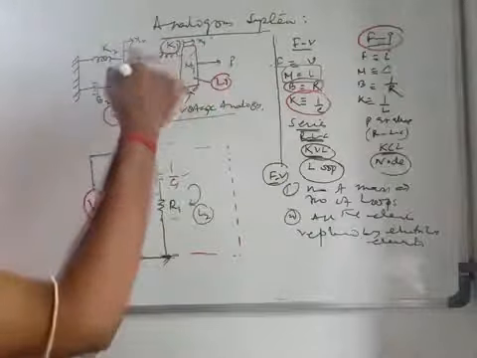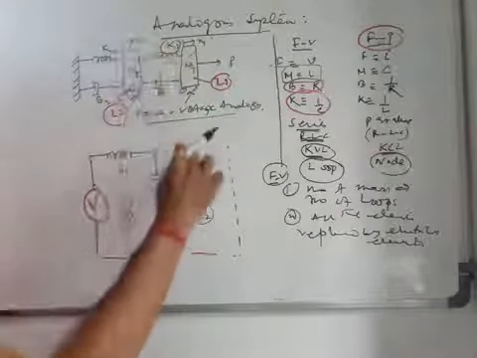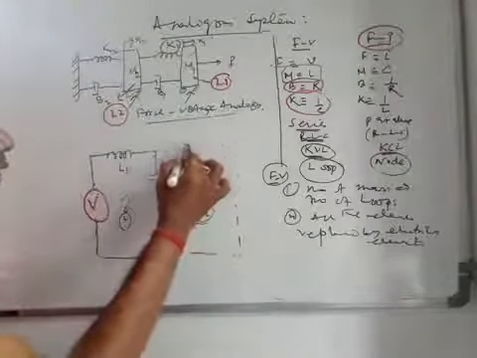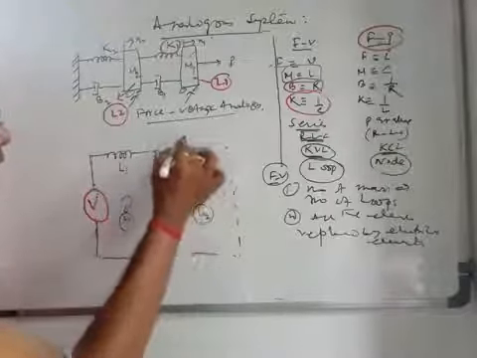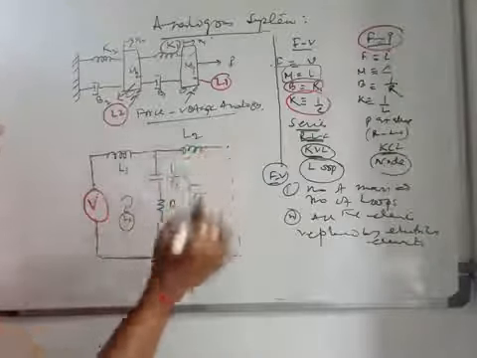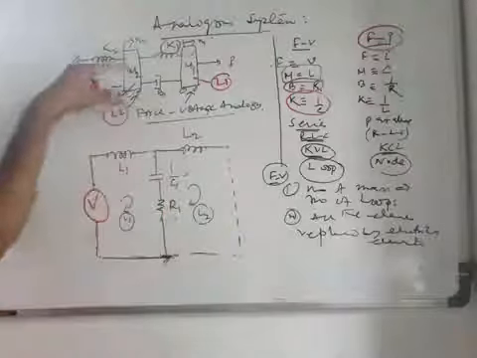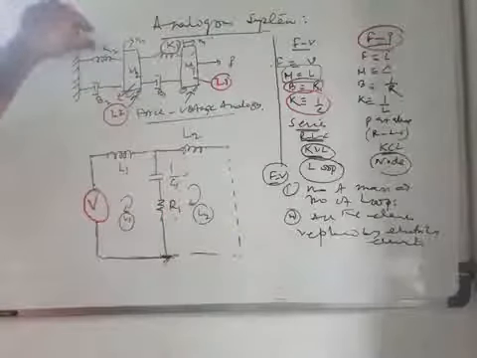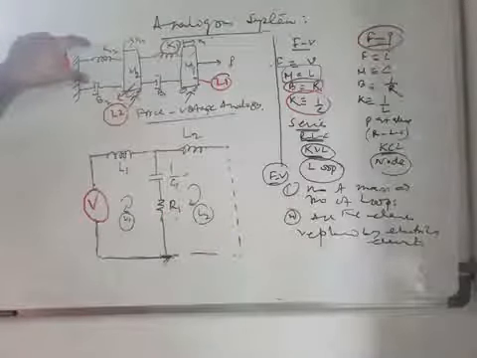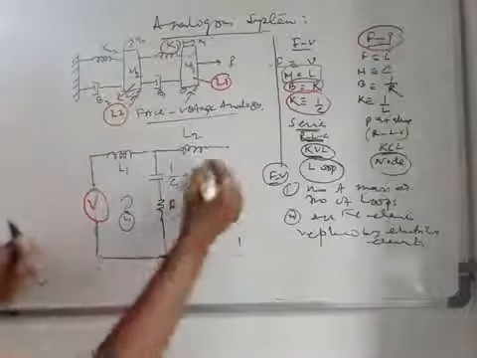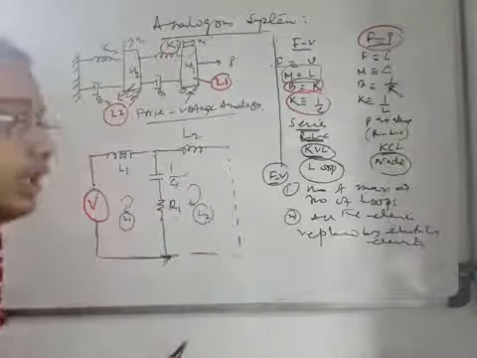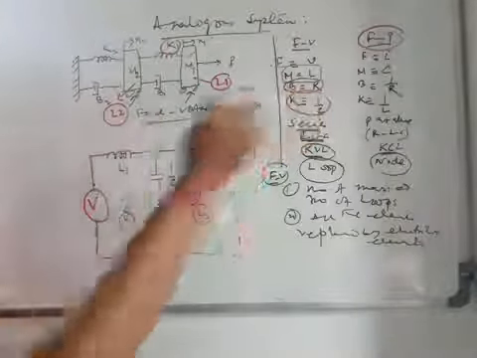So M2 means another inductor will be there in this loop. Say this is L2. Next, this L2 is connected to K2 and B2. K2 means one capacitor, and B2 means one resistor.